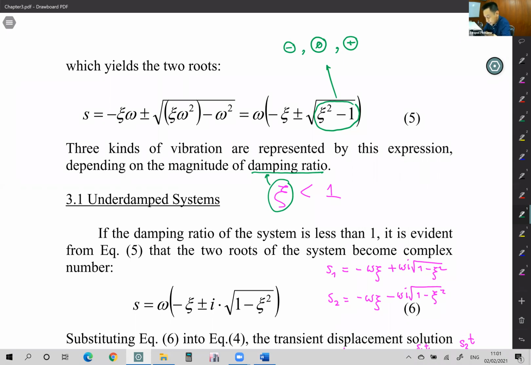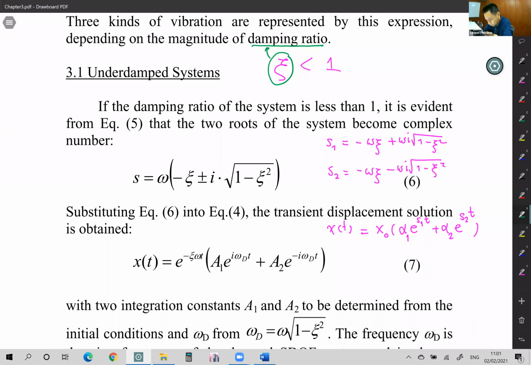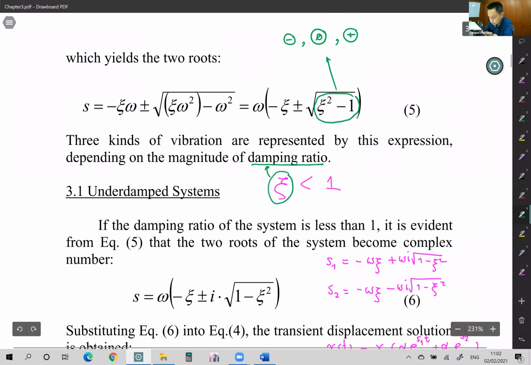If your psi or damping ratio is less than 1, we call your system an underdamped system. With the underdamped system, the solution of your S needs to be a complex number, since inside the square root you have a negative number, and such a quantity is what we call an imaginary number, right?